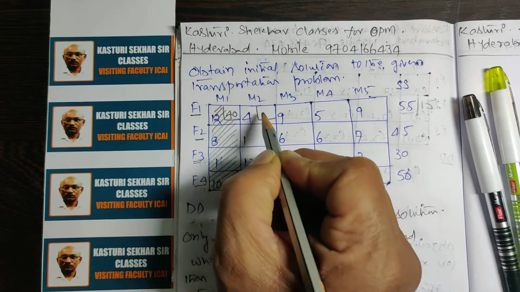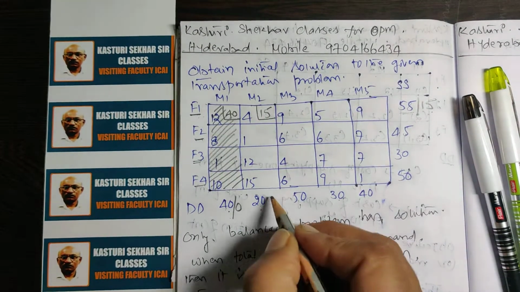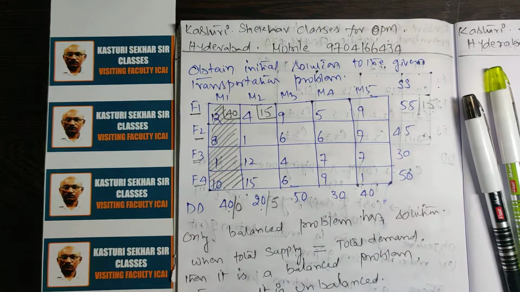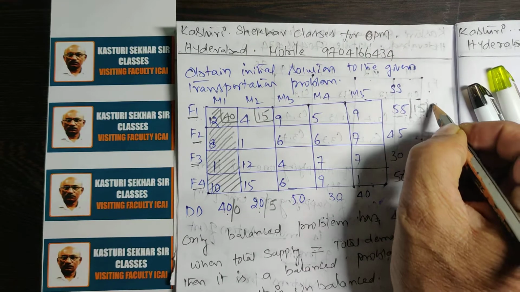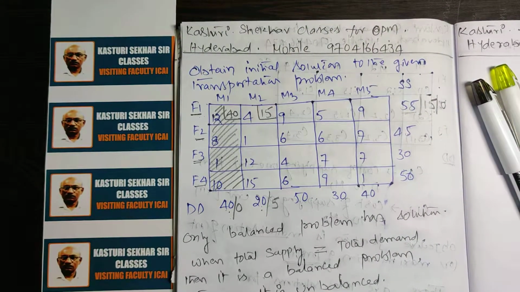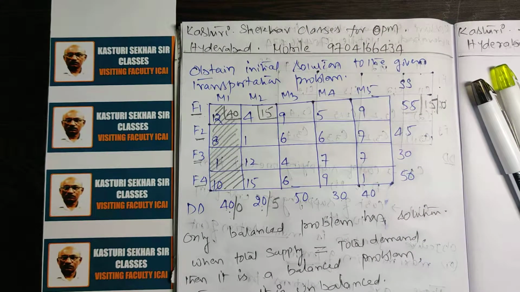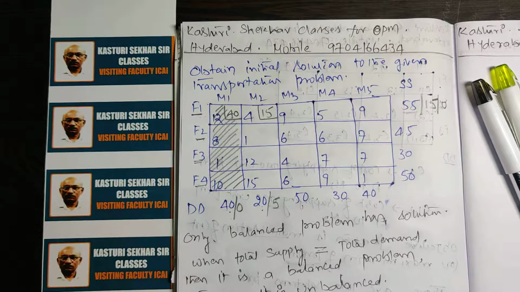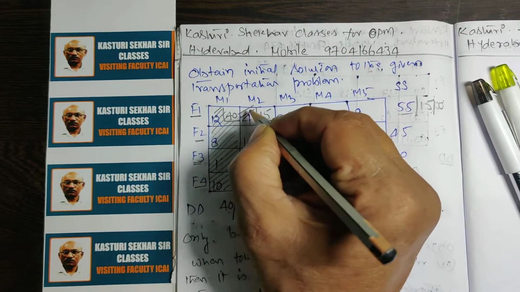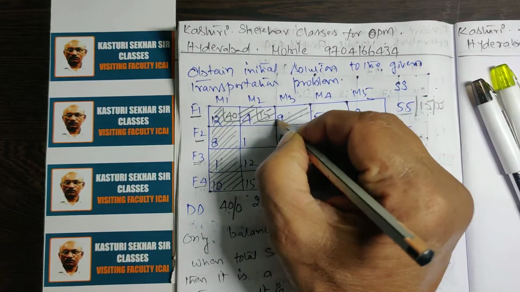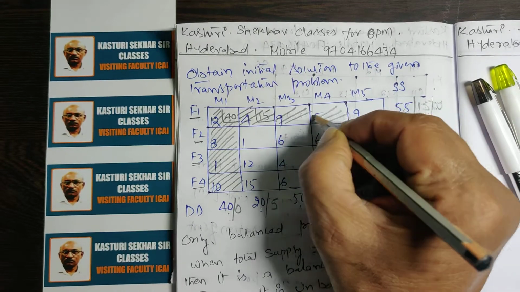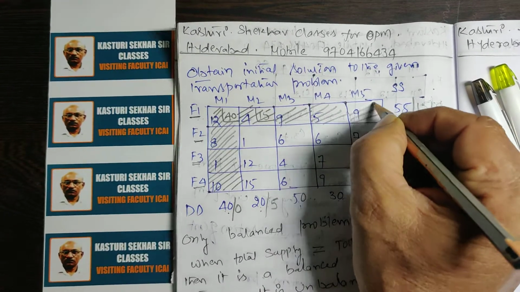Therefore, 15 units are supplied. Requirement is reduced to 5. Availability now will become 0. Capacity at F1 is exhausted, means it is over. You cannot supply the goods from F1. So, sir, I am eliminating this factory from the picture.